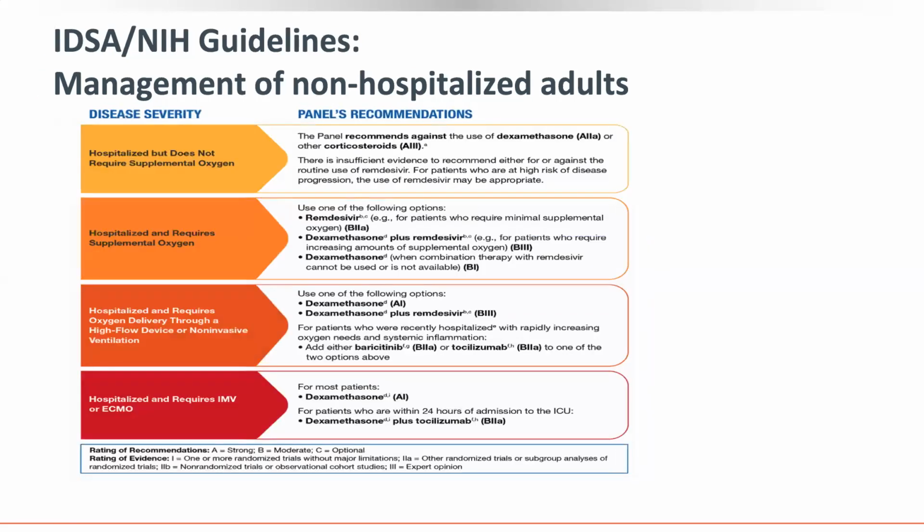And this, again, is looking at the severity. As I said, for those who are hospitalized and require supplemental oxygen, you can use remdesivir, dexamethasone plus remdesivir, or dexamethasone on its own. We can also use baricitinib with remdesivir as well.